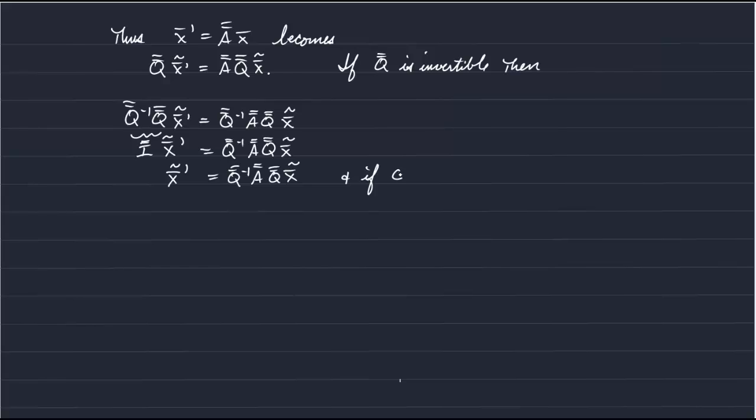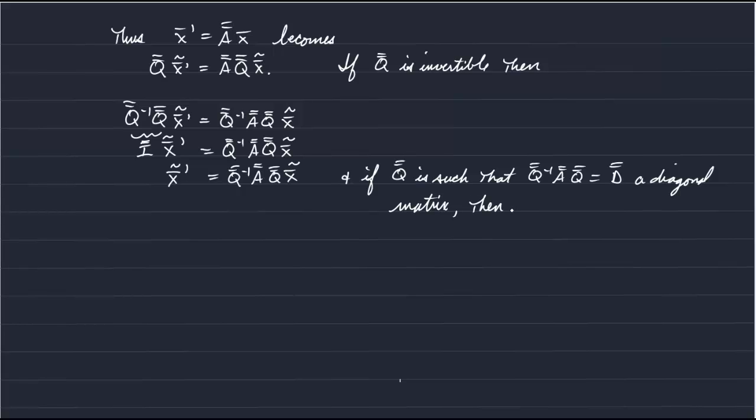And if q is such that its inverse times A times q is equal to a diagonal matrix, then we have the following. x tilde prime is equal to D x tilde.